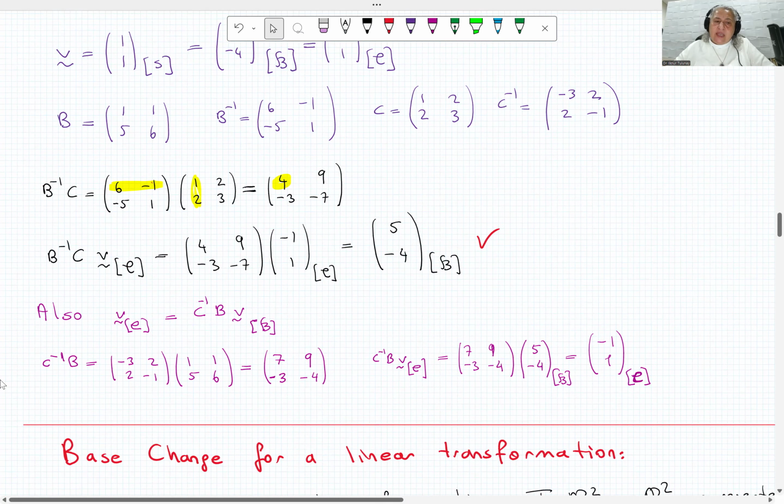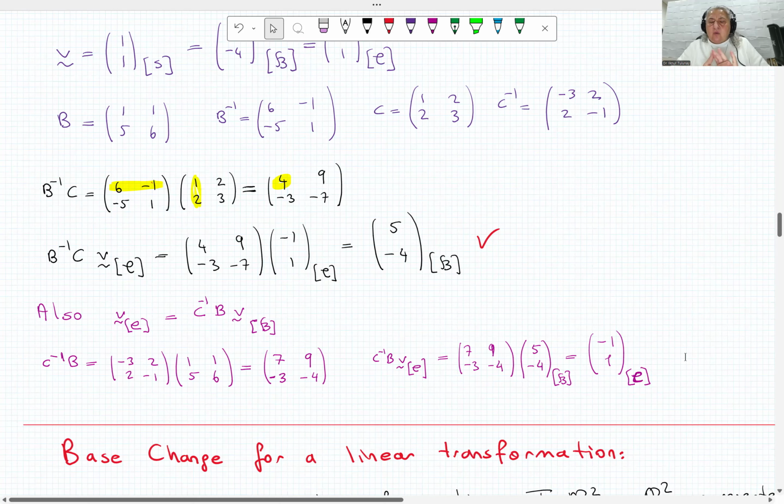If we take the coordinate vectors with respect to C, the coordinate vector of C can be obtained by C inverse B times VB. So C inverse B will be this matrix. If we multiply with this coordinate vector, then we will find the coordinate vector of C. This is also true.